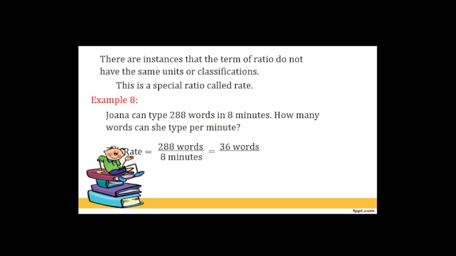And 8 divided by 8 is 1. So, that is 36 words over 1 minute, or can be written as 36 words per minute. No need to indicate 1 because it is understood that we talk about only 1. Again, 36 per minute.